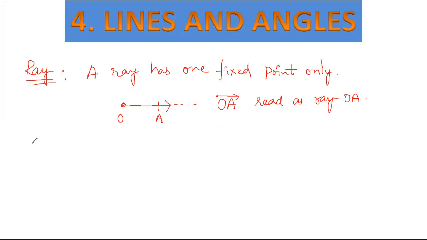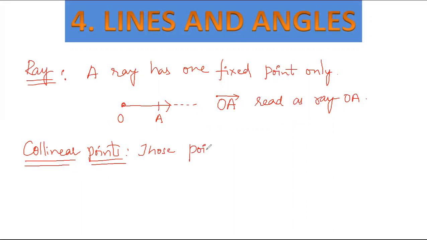Next we have collinear points. Collinear points are those points which lie on same line. When we say line, it is a straight line.